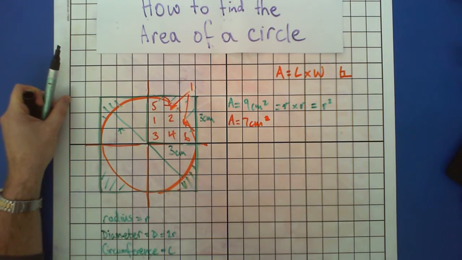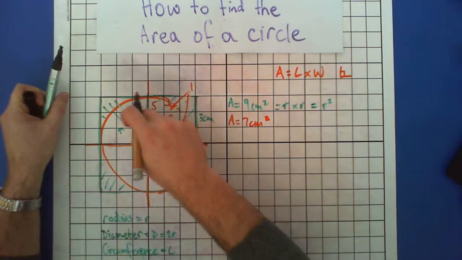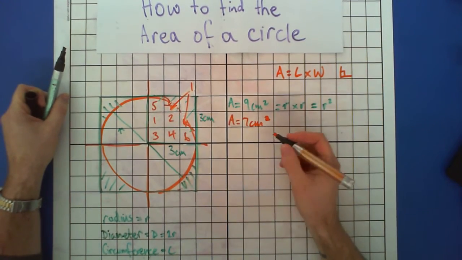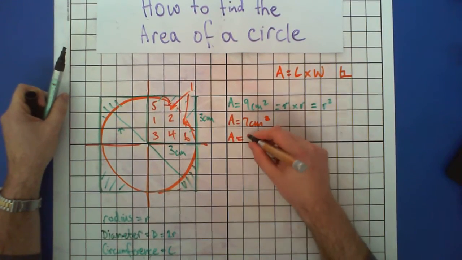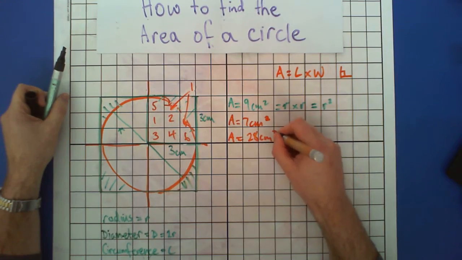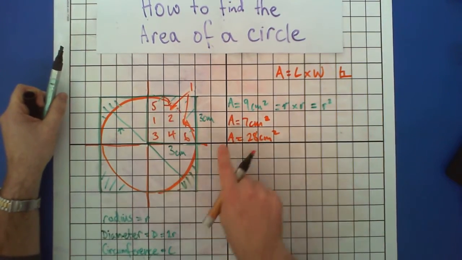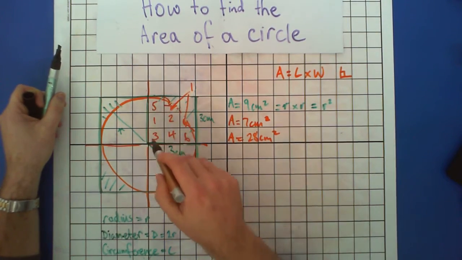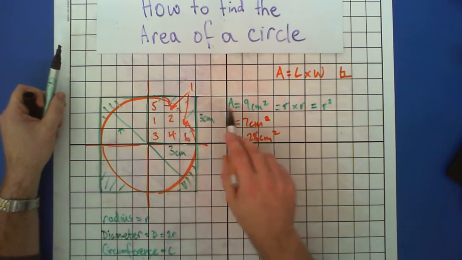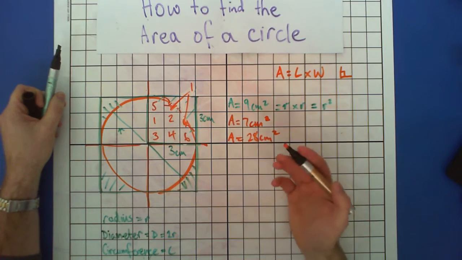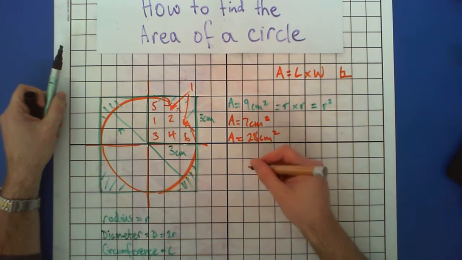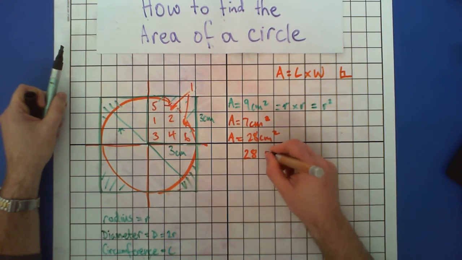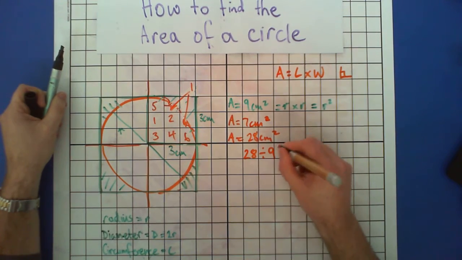So what we're going to do is go, okay, well, all up, I was saying my circle then has an area of 28 centimetres squared, because that's 1, 2, 3, 4 lots of 7 gives us 28 centimetres squared. Okay, well, I know the area of my green square was 9 centimetres squared, so if we want to work out how many we need, what we can do is say, well, what is 28 divided by 9?